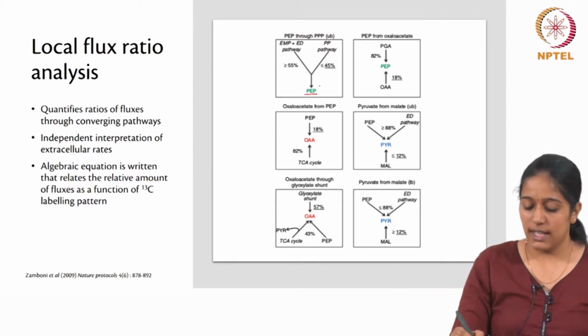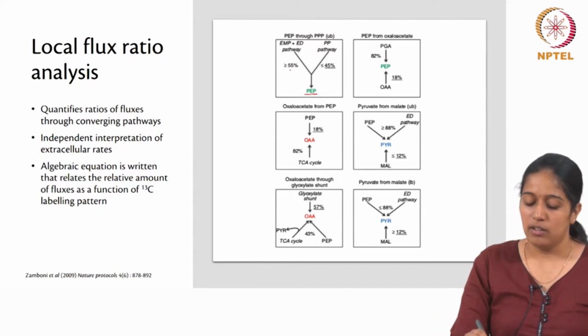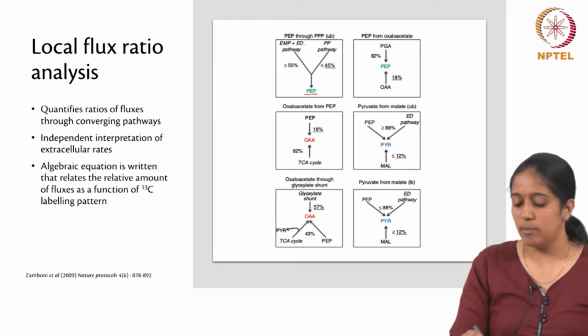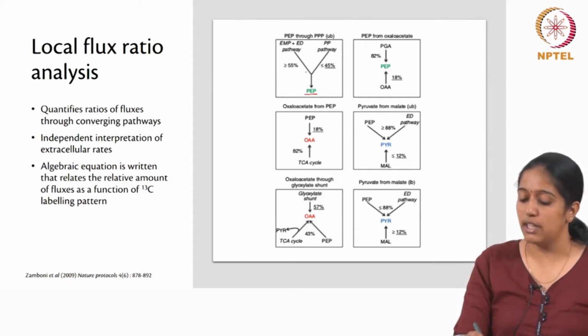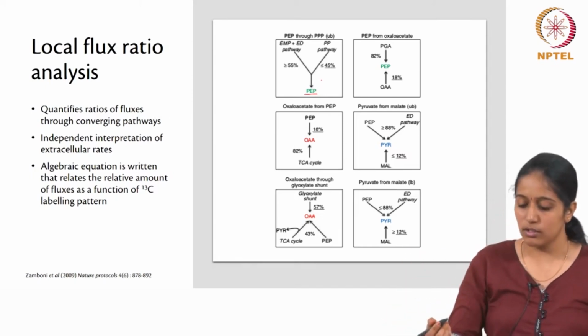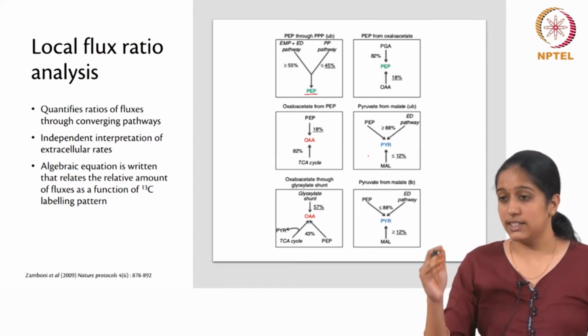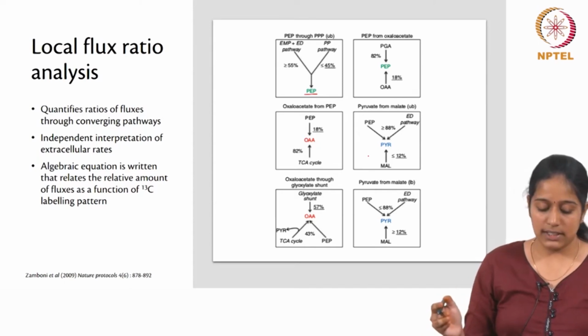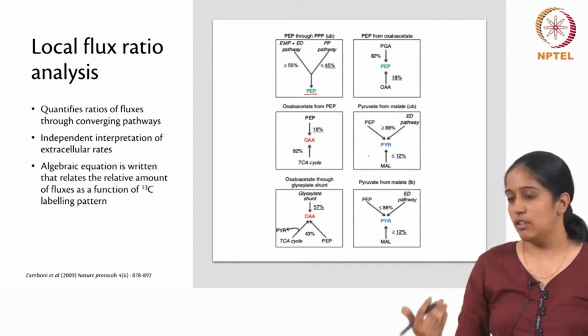For instance, in this small example with PEP, based on the labeling patterns they have identified that PEP has come from both the EMP, ED pathway and the PP pathway, where the percentage through different pathways is different, simply because the labels observed at different positions were different. Similarly, you could do it for several essential metabolites in the central carbon metabolism and try to understand how the labels have propagated from the substrate to your product.